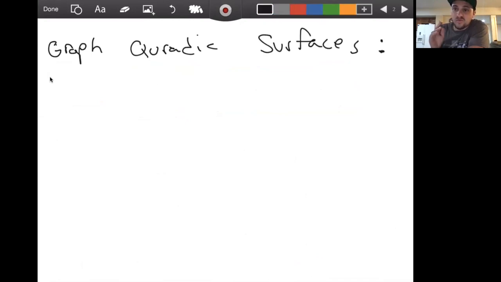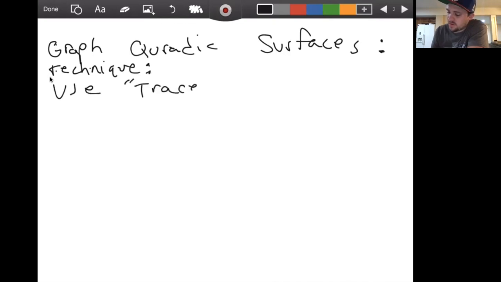Well, there's a very useful technique, and it's called using traces. Formally it's called a trace. Informally, it's a two-dimensional slice.